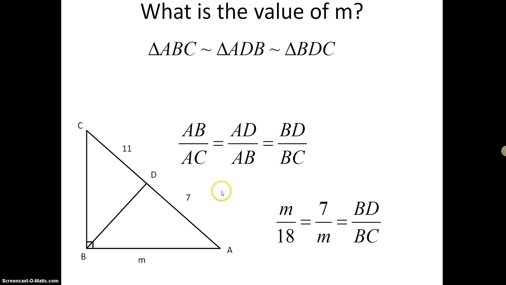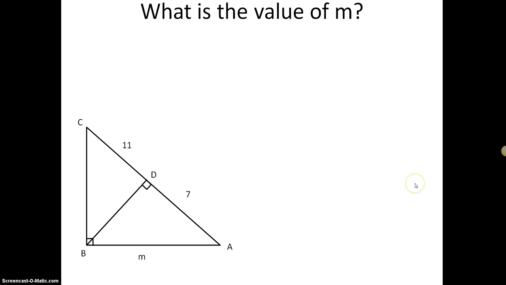I have AB on bottom, AB is M. And then for this third triangle, I have BD. They don't give me anything to plug in there, so I'll leave it as BD. I don't have BC, I don't have anything to plug in there, so that last fraction doesn't matter. We're not going to use it at all.